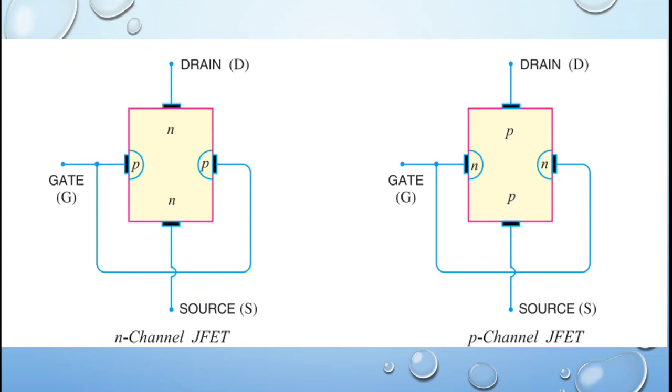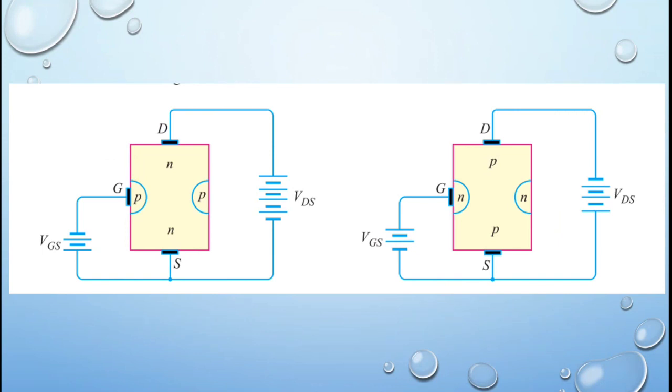So then how is it working? We will discuss the working principle. This is the polarity of N channel and P channel JFET, junction field effect transistor. This is the first one, for N channel JFET.